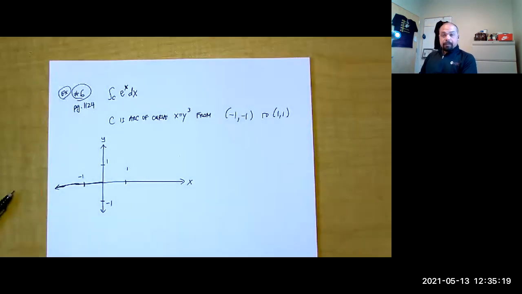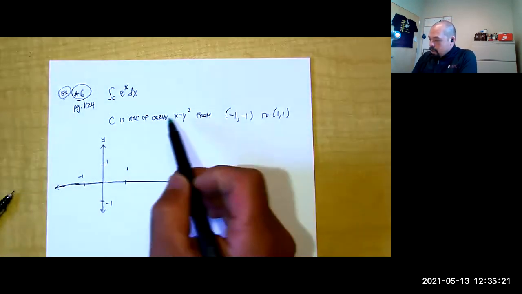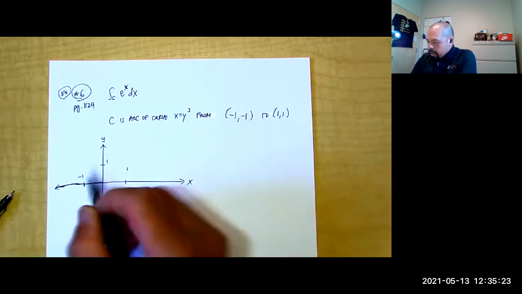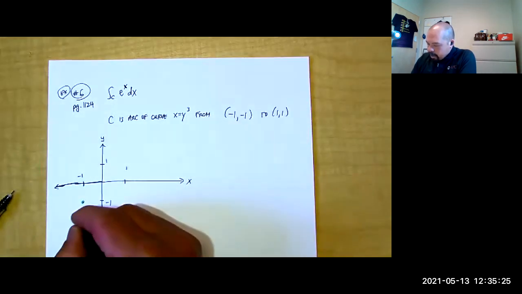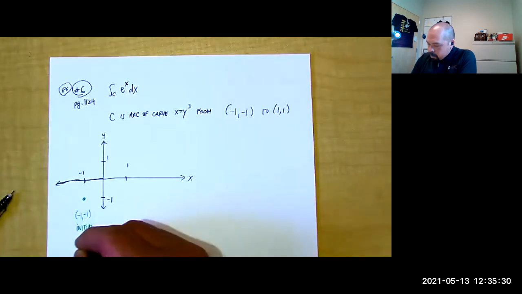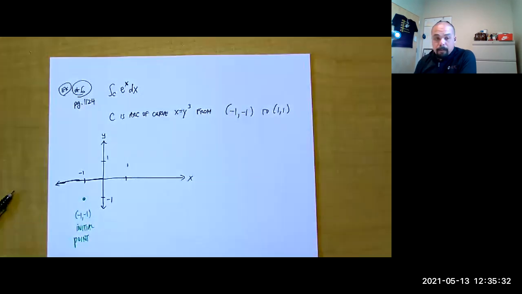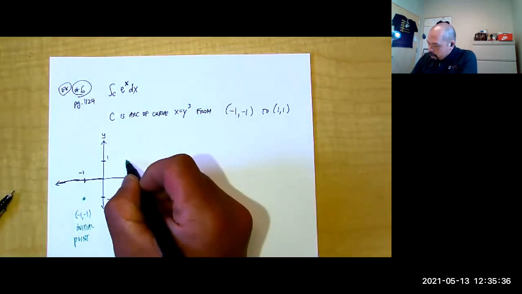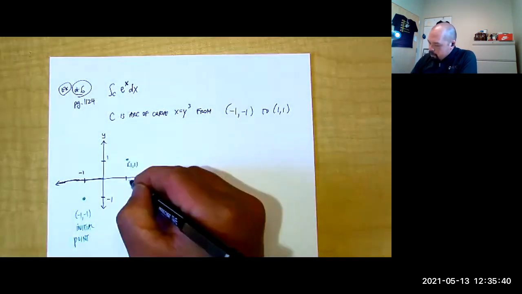All right. So our arc x equals y cubed. So when x is -1, y equals -1, right? So this, again, is my initial point. This is where we're starting. Going through, we're going to end at 1, 1. Let me borrow that, and I can put my label down here.